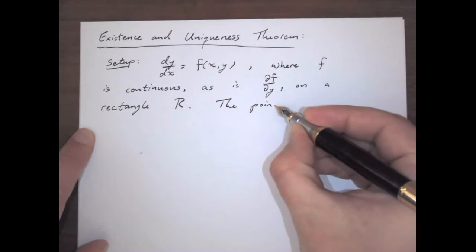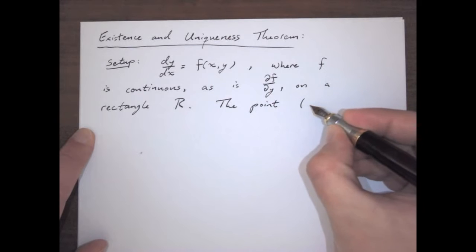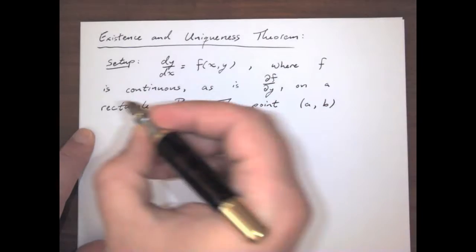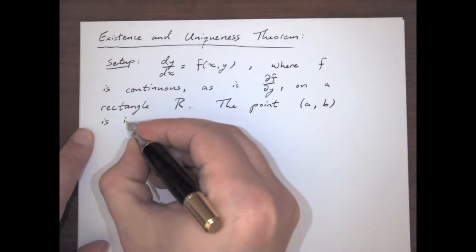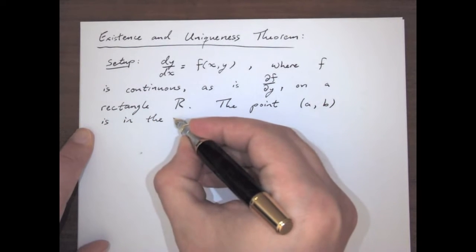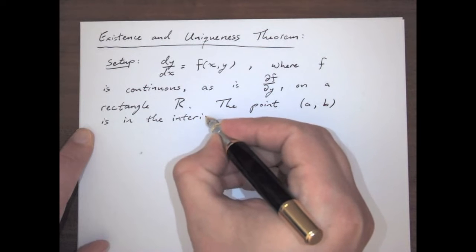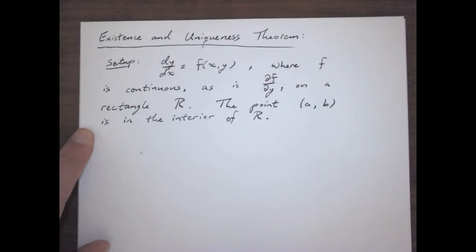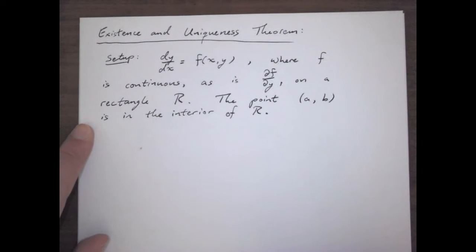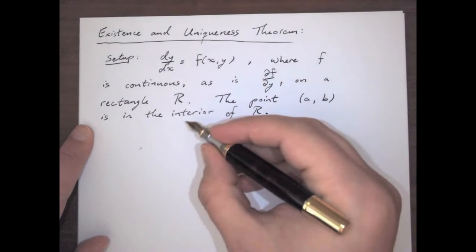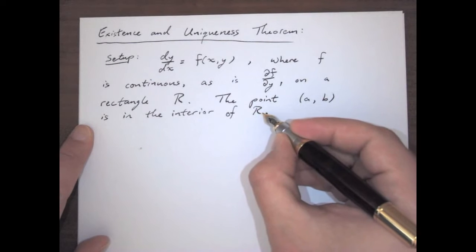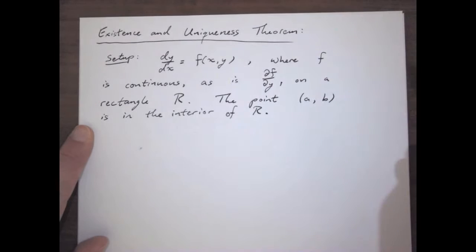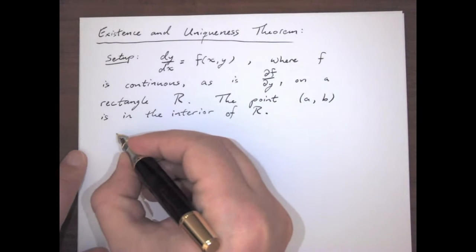Further pieces of the setup: the point (a, b), so x coordinate a, y coordinate b, is in the interior of R. What it means to be in the interior of a rectangle is that it is inside the rectangle, but not even on the boundary. It is strictly within.